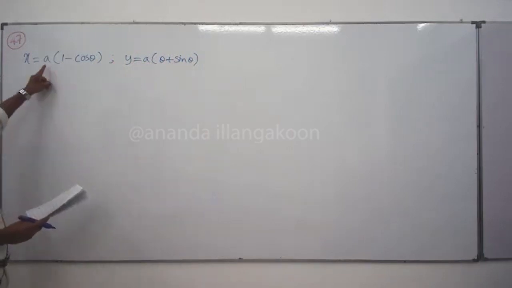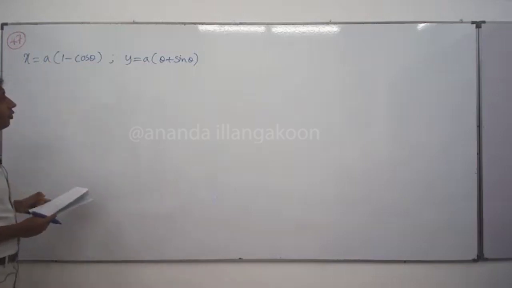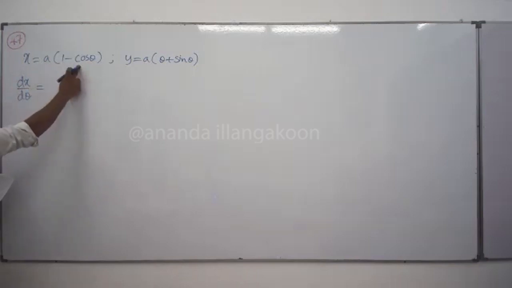People, here a is a constant, theta is a parameter. Then first we can differentiate this x with respect to theta. When we consider a constant times a function, we have to keep this constant as the same, and that should be multiplied by the derivative of the function.